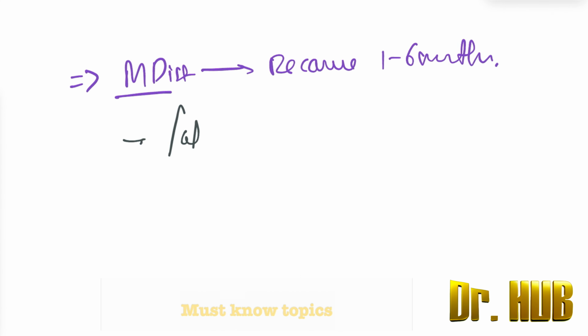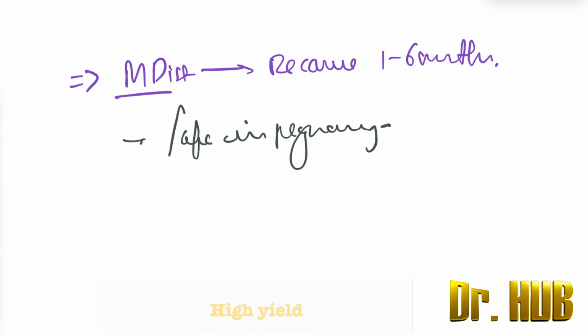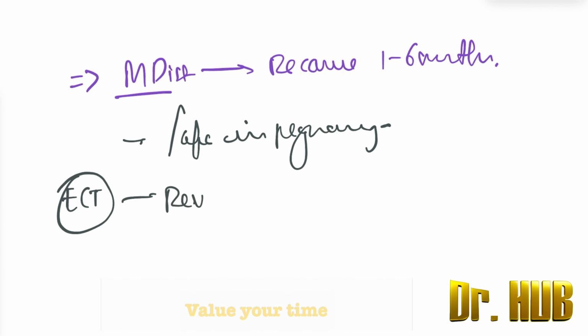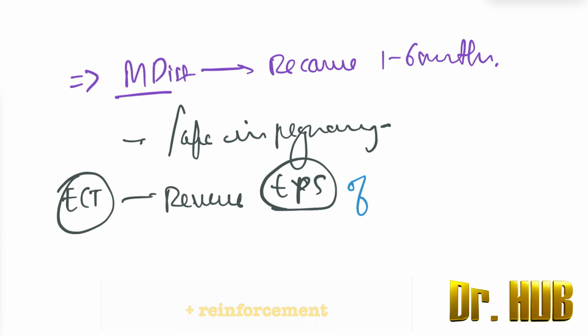And ECT can reverse the extrapyramidal symptoms of the neuroleptics. So ECT reverses the EPS of the neuroleptics.